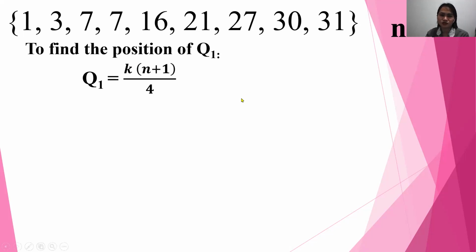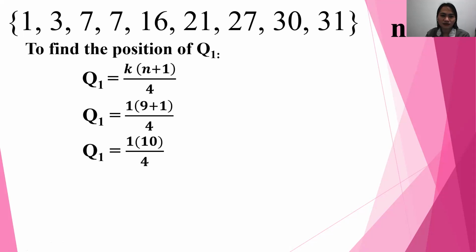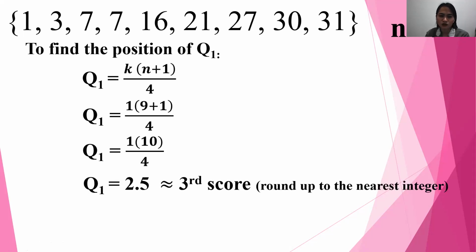Substituting into the formula, we have Q sub 1 is equal to 1 times the quantity of 9 plus 1 all over 4. Then 9 plus 1 is equal to 10, times 1, all over 4. So we get 2.5 for our quartile 1.